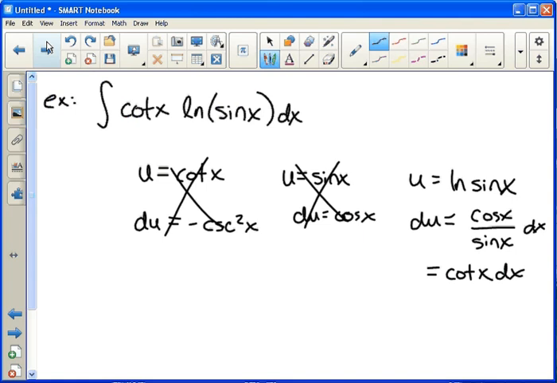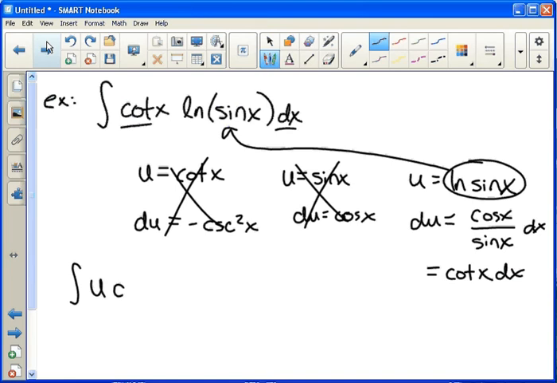So we actually end up with just u du, because the natural log of sine x gets replaced with u, and the cotangent x dx gets replaced with du. So then it's a simple power rule problem. Add 1 to the exponent, divide by that number, and we get 1/2 times u, which is natural log of sine x, all squared, plus c.